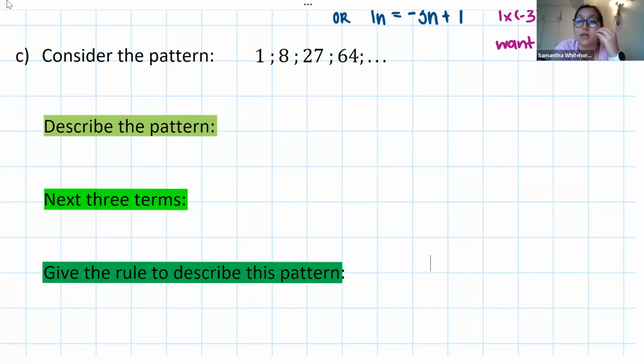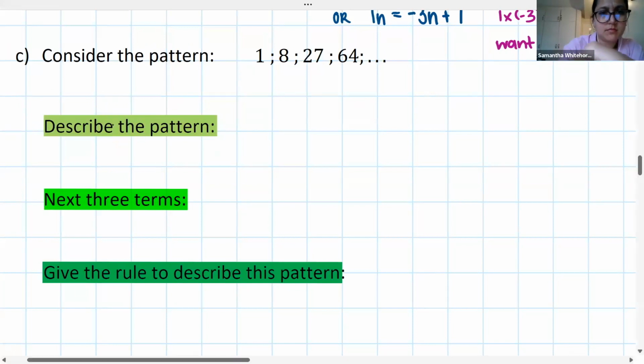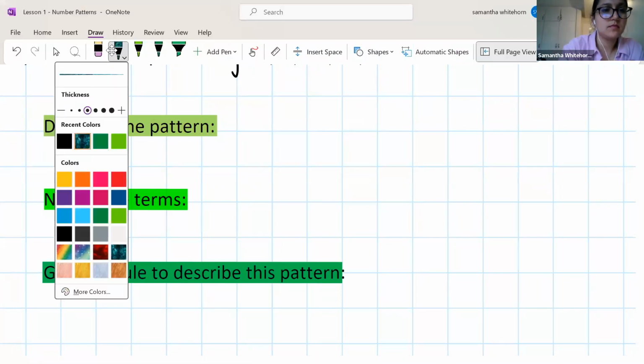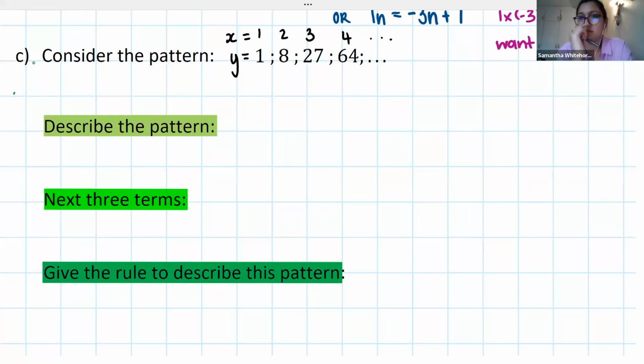So we always want to try and get to what is the pattern, what am I doing to get these output values? Okay, 1 more minute.